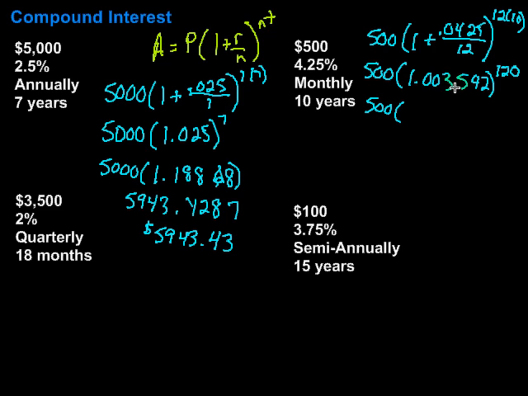So 500 times 1.003592 to the 120th power gives us 1.5284442.